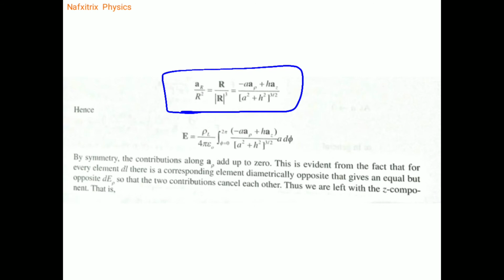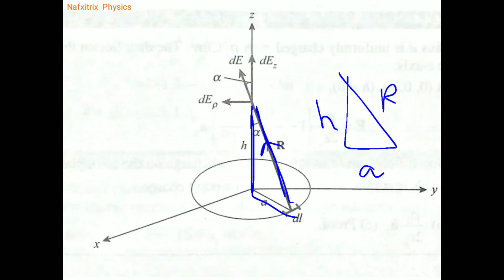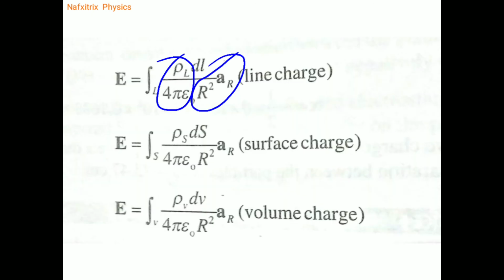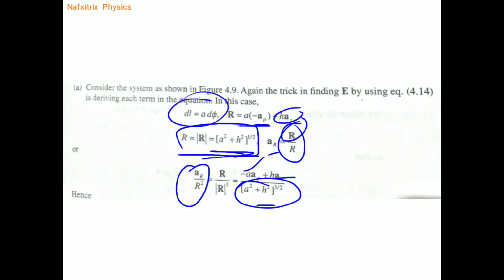So in the formula, rho_l by 4 pi epsilon naught would be taken out. Next, dl has been replaced with a d phi.